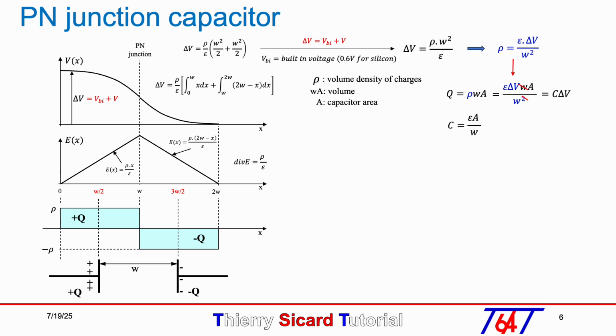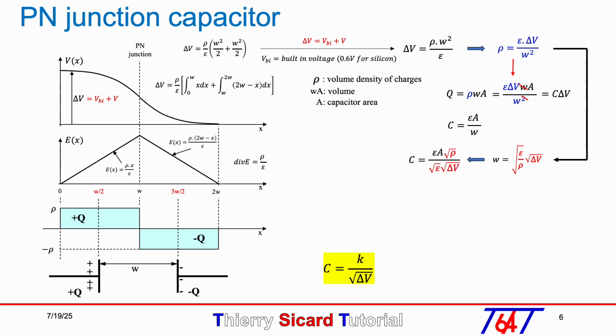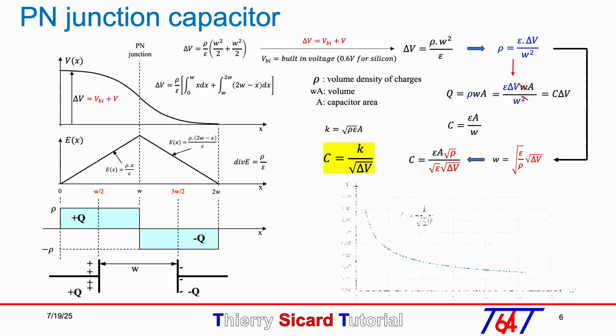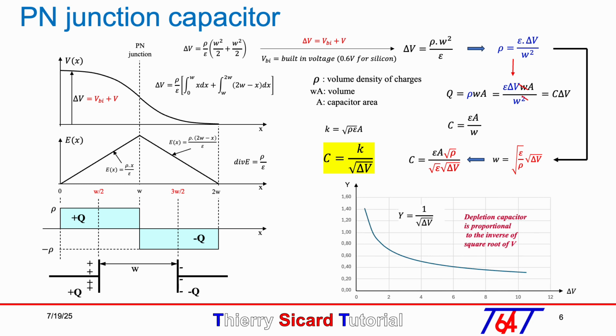From the rho equation, we can obtain W as a function of delta V. Replacing W in the capacitor equation with the expression in red, we obtain a capacitor inversely proportional to the square root of delta V with a factor of K. To get an idea of the nonlinearity, we plotted the curve y equal 1 over the square root of delta V.